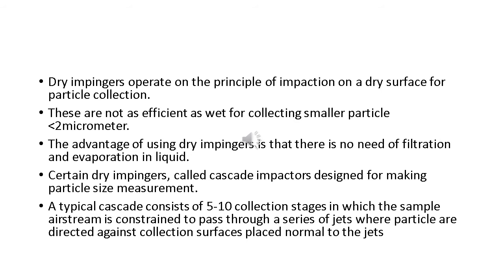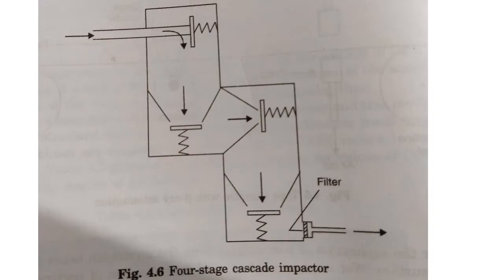After sampling, the material collected at each stage is analyzed for its weight and chemical composition. The impactor is mainly used to collect particle sizes ranging from 0.2 micrometer to 0.06 micrometer.